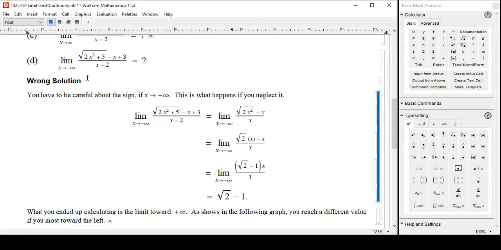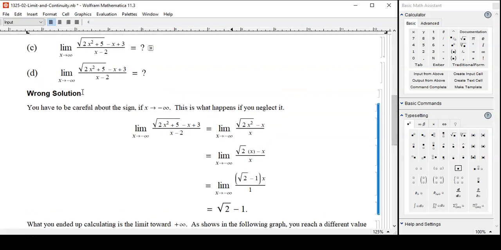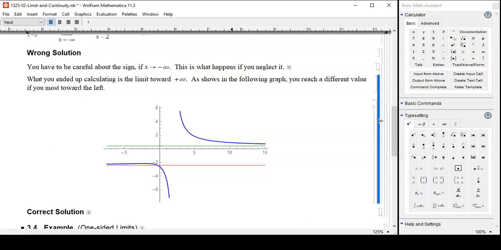But then again, why did I mark it as a wrong solution? What is wrong with this so that this is a wrong solution? Found out? Where's the mistake? Okay, here's a hint. If you graph it, then you'll see you have two different y-intercepts.